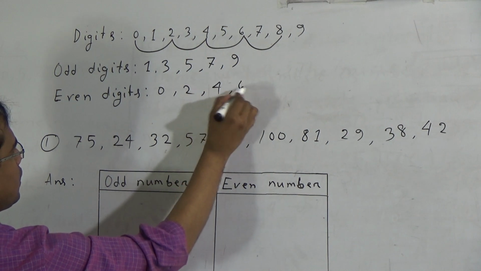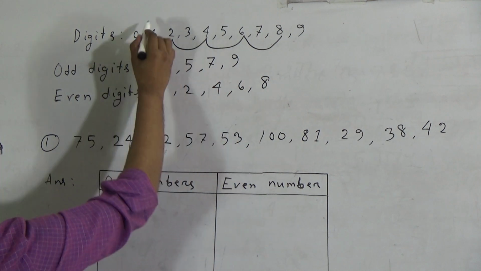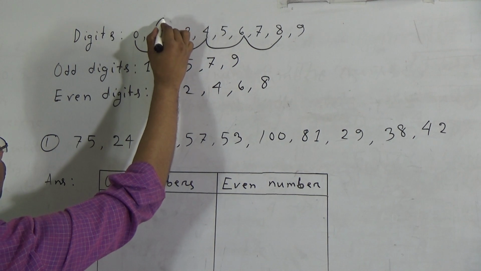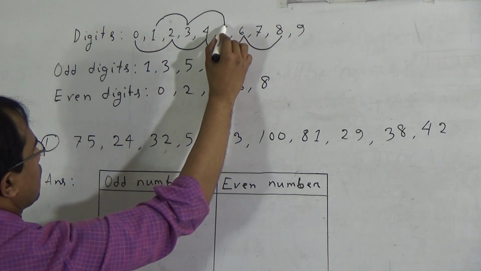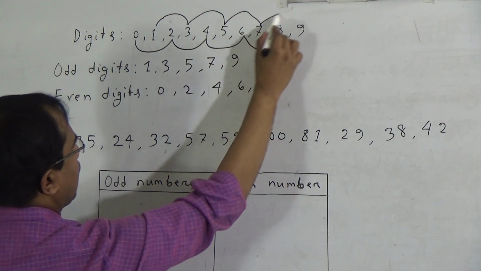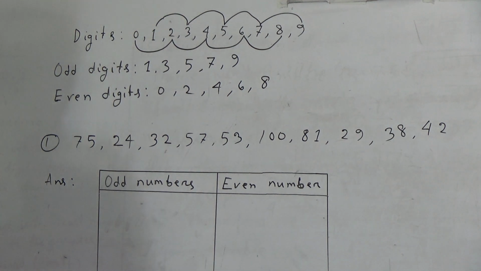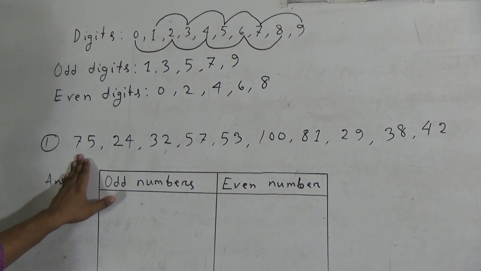These are the even digits, and 1, 3, 5, 7 and 9 are odd digits. Now I have written 10 numbers in total.